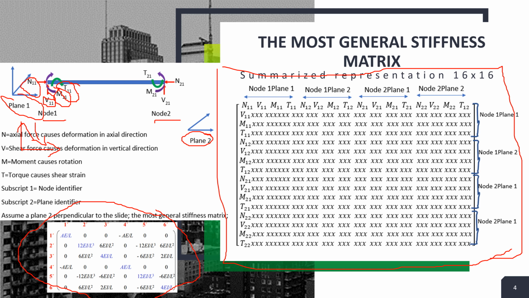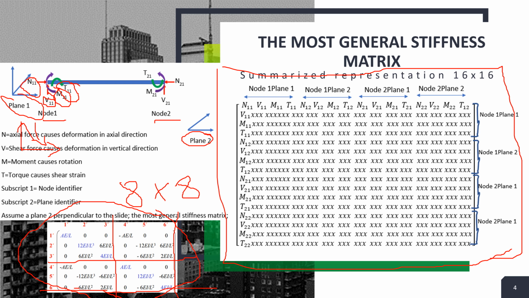That's the basic. So if you were to include torsion, then you have another column for torsion there, a row for torsion there, and a row for torsion at the end, so that this 6 by 6 matrix would become an 8 by 8 matrix. So if we assume this structure were to be loaded in the 2 planes, then what we have is the 8 we are talking about.